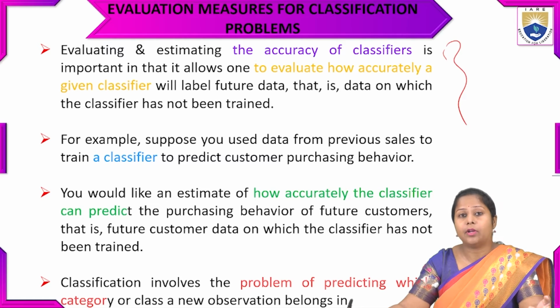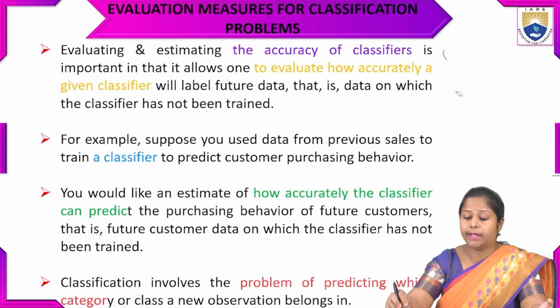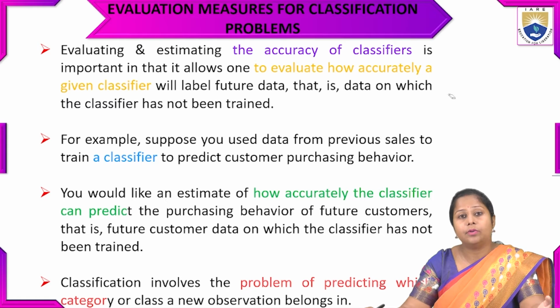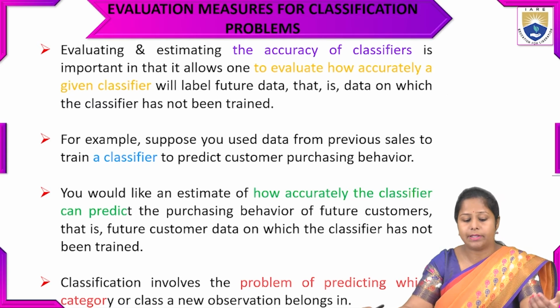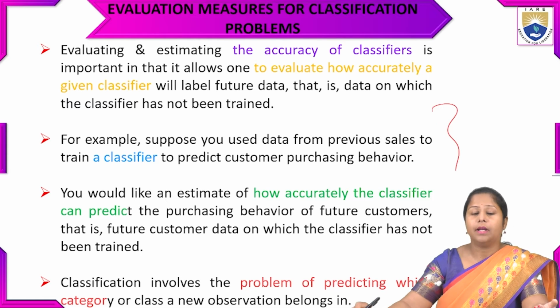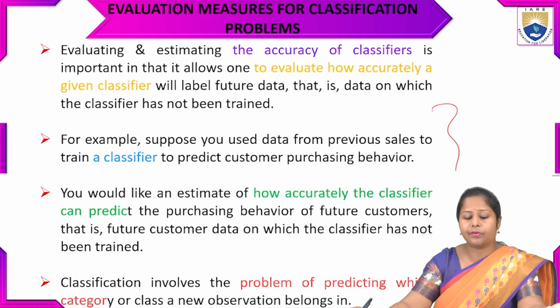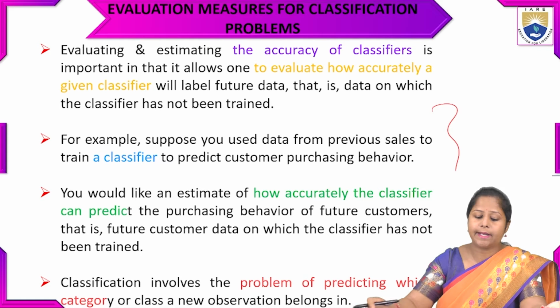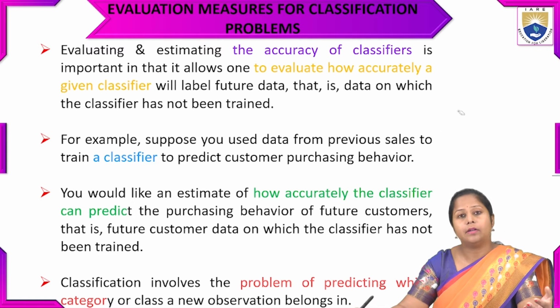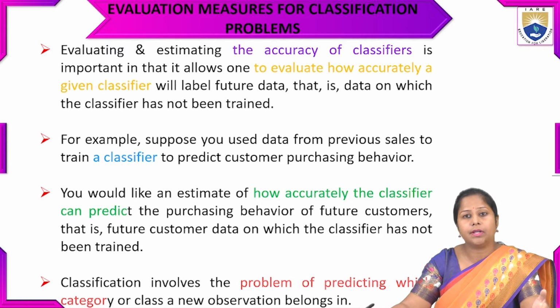The model should not have been trained on that data. On the basis of that, we see how accurately the classifier is working and how accurately it is going to classify the different labels. For example, suppose you use data from previous sales, a database of previous sales, to train a classifier to predict the future customer purchasing behavior.